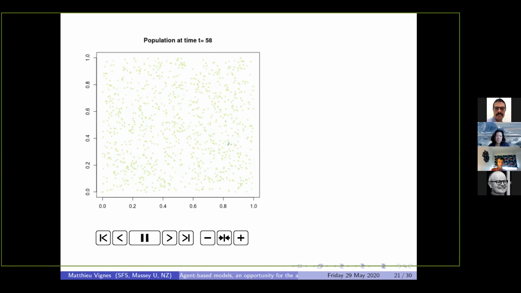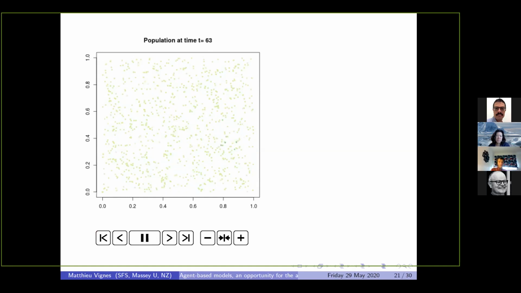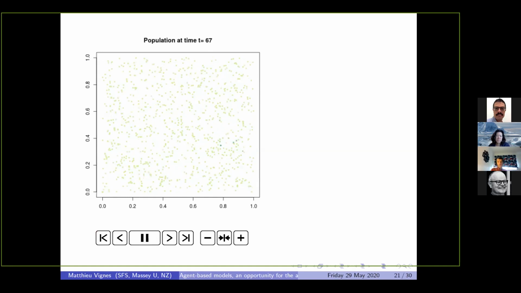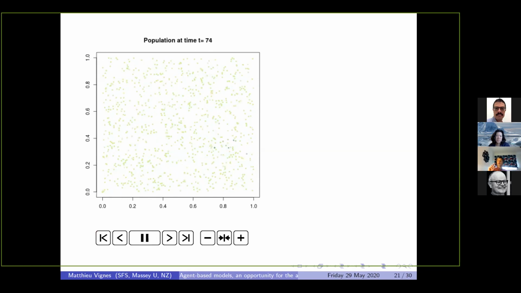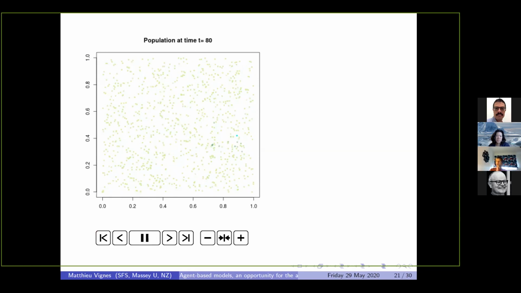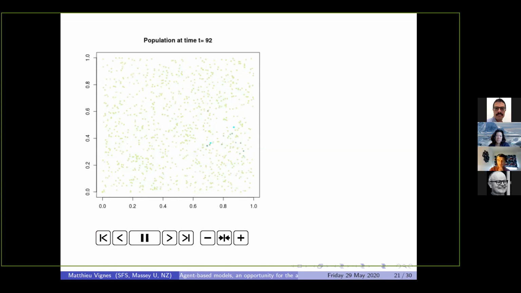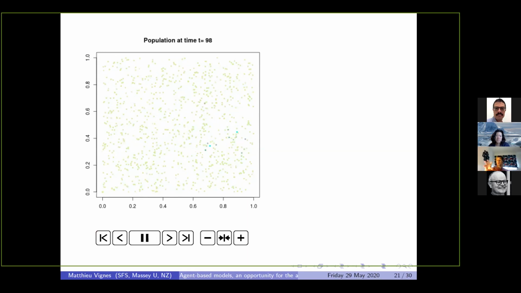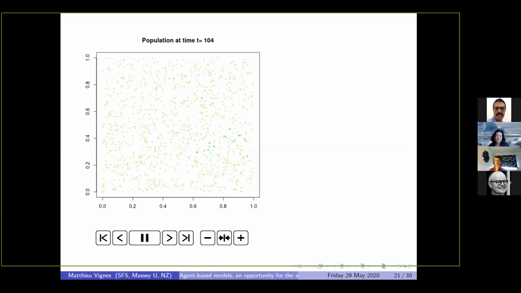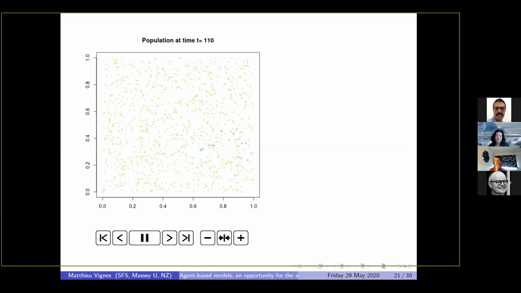You don't really see it, but I see 5, 6 different infectious people. I start by seeing one infectious person in the entire graph. And I even start seeing some blue. Blue would be the recovered in my representation.